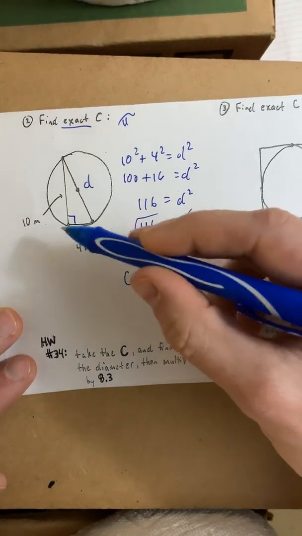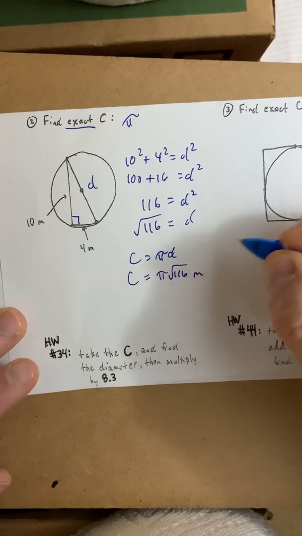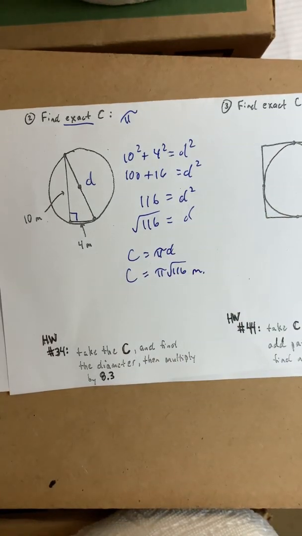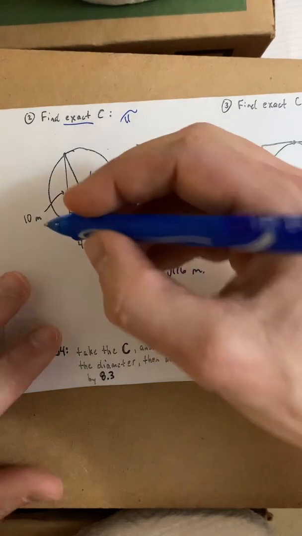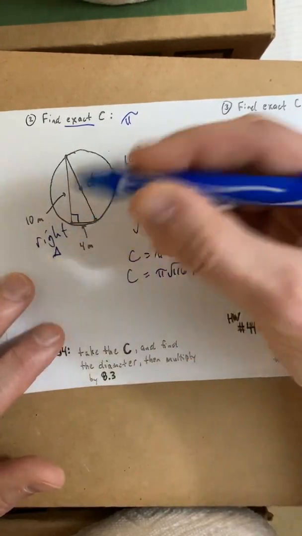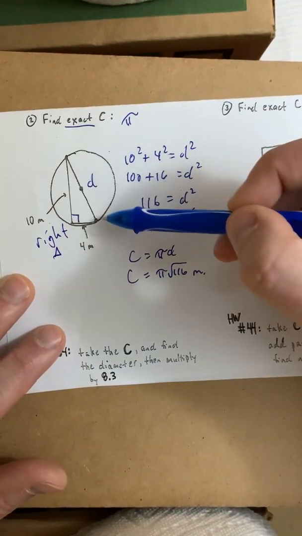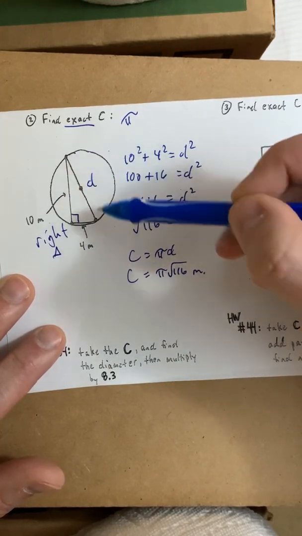And you can tack on your unit, which looks like it's meters. And we have our circumference. So that is a right triangle, so long as you have a diameter as one of the sides.